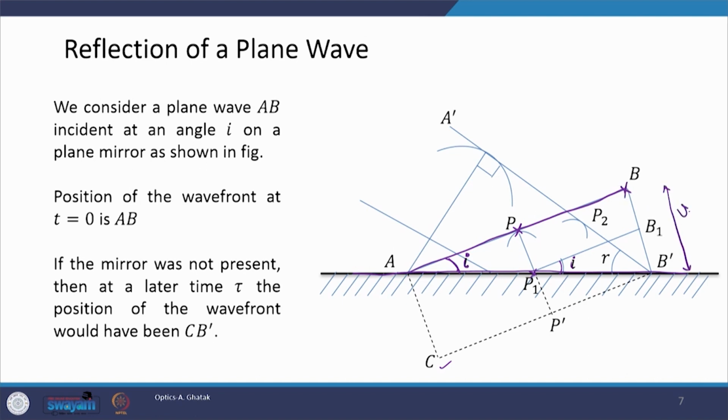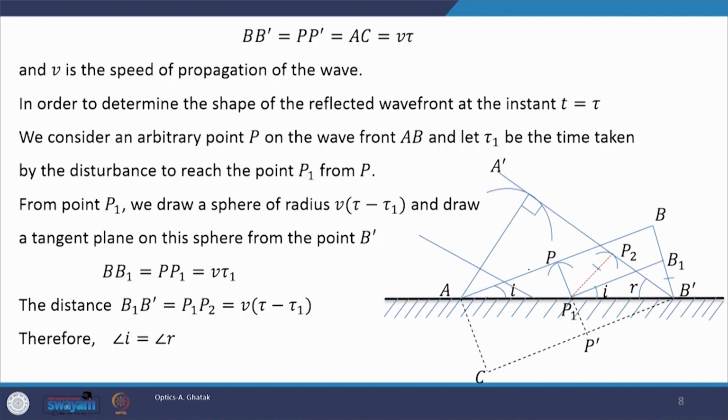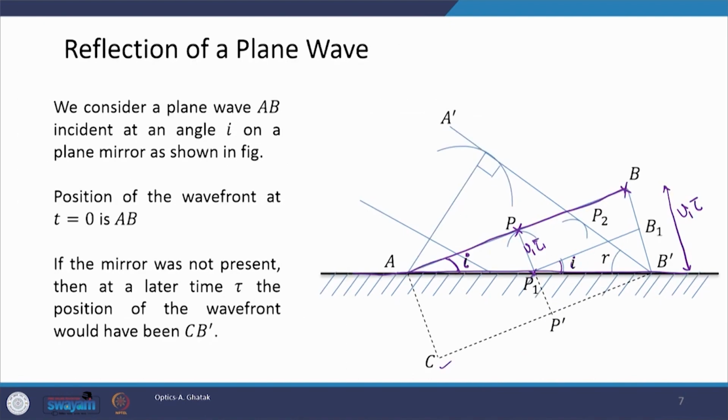Therefore, this distance is V tau, and suppose here the time is tau 1. There is one correction: instead of writing V1 here, let us write V only. Let us repeat it here.